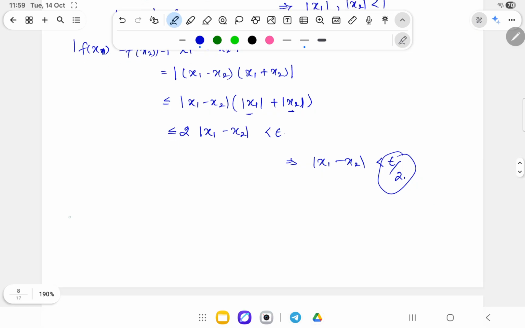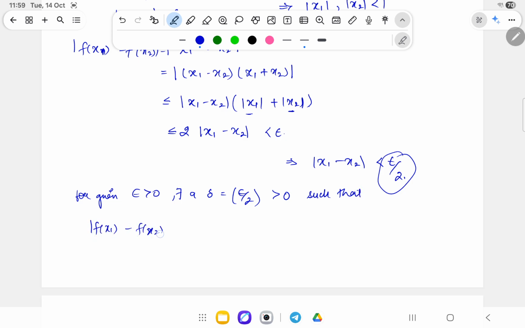So for delta equal to epsilon by 2, for given epsilon greater than 0, there exists a delta, that is epsilon by 2, which is greater than 0, such that |f(x1) - f(x2)| is less than epsilon whenever |x1 - x2| is less than delta.